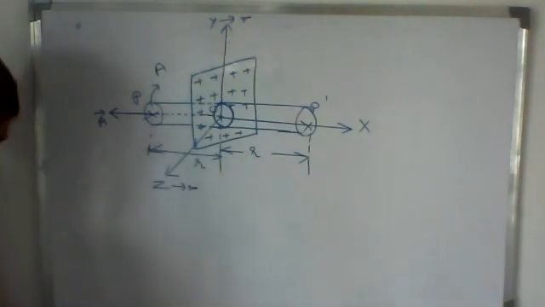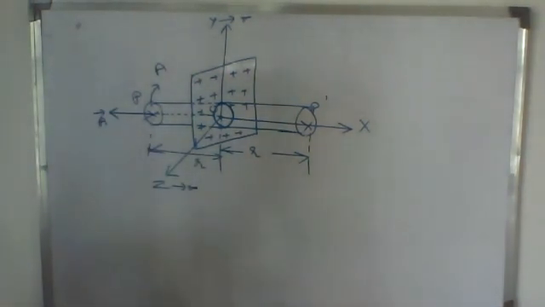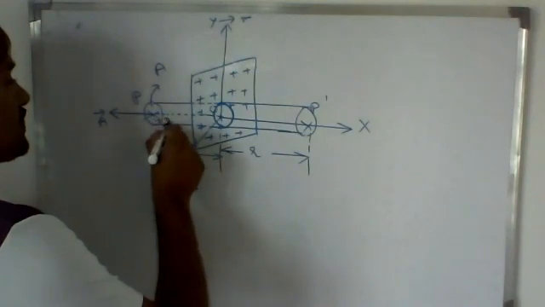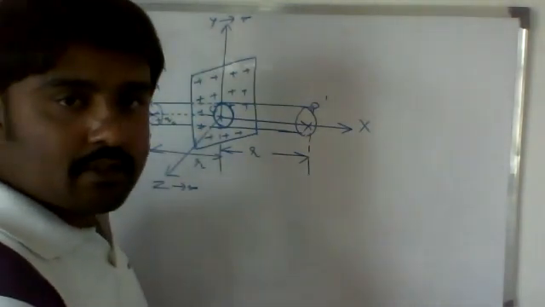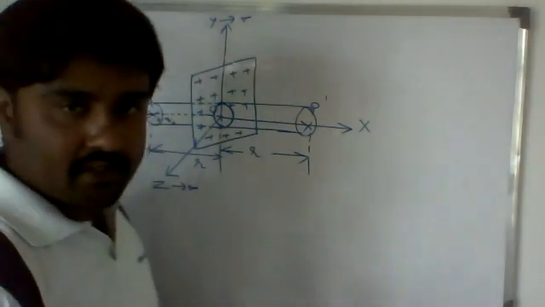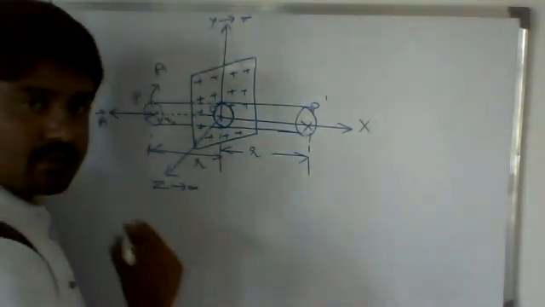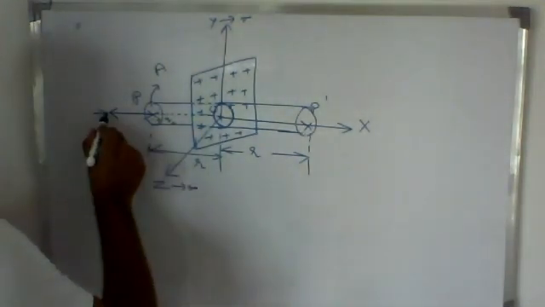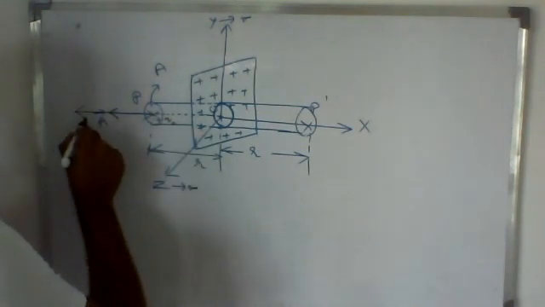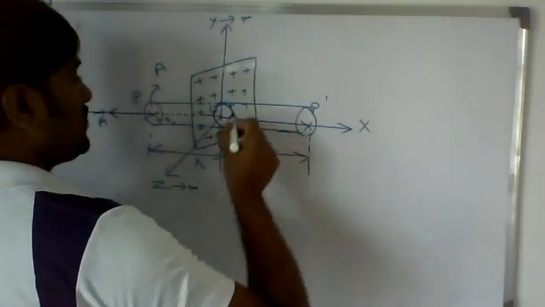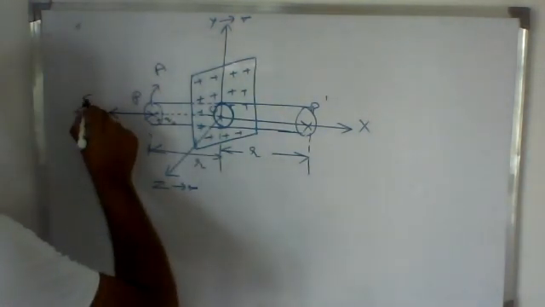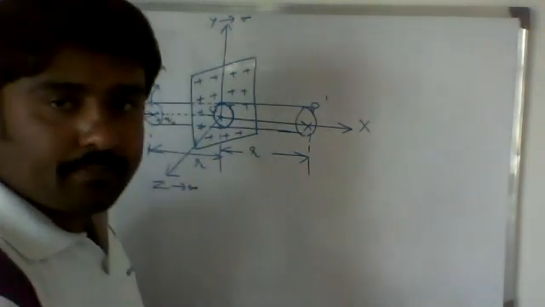And what is the direction of electric intensity at the point P? Let us consider a unit positive test charge plus Q naught placed at the observation point P. Due to this positively charged plane sheet, plus Q naught experiences a repulsive force, directed away from the plane sheet. That is the direction of electric intensity at the observation point P.